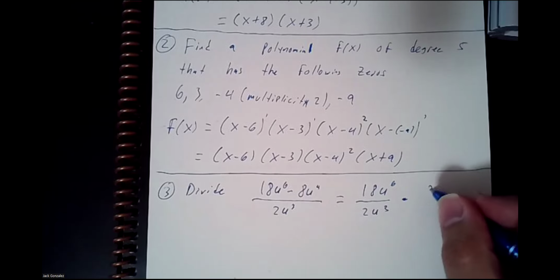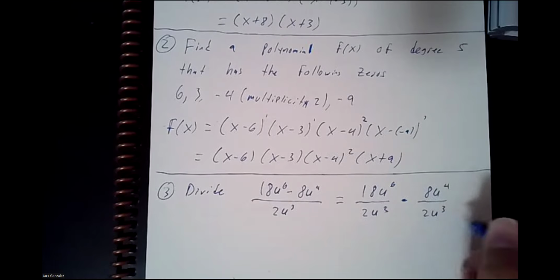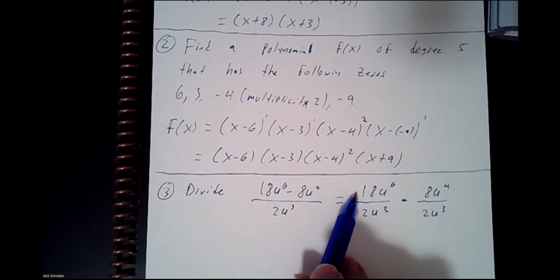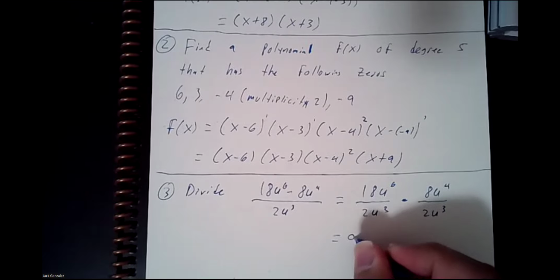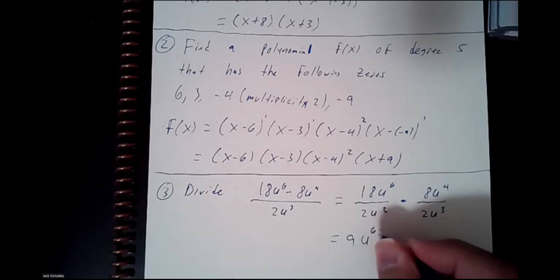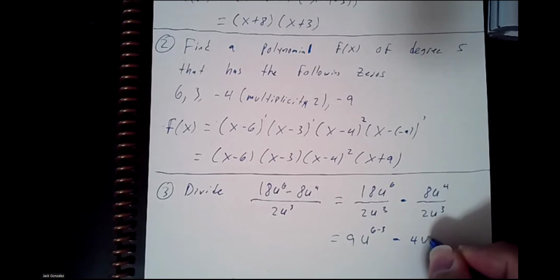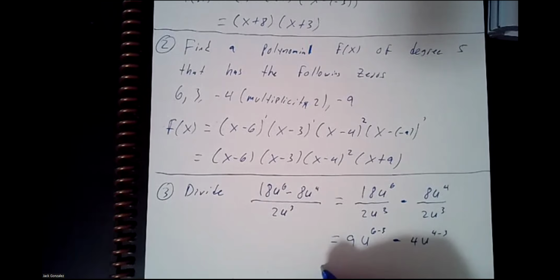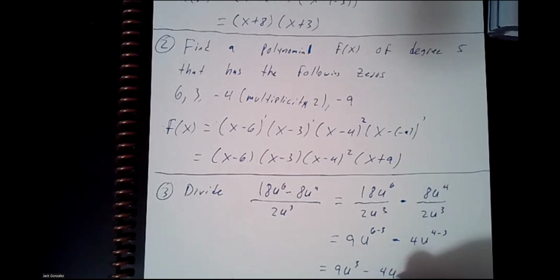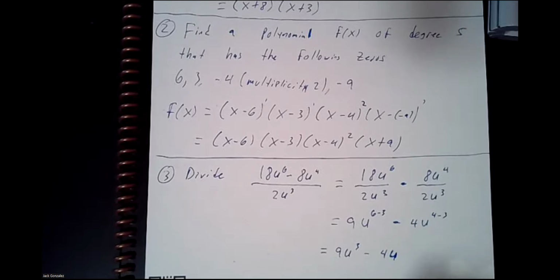So you can separate the fraction like this and just divide them. 18 divided by 2 is 9. u to the 6 divided by u to the 3, remember that means you subtract the powers, 6 minus 3. 8 divided by 2 is 4, and the powers are subtracted, 4 minus 3. So you get 9u cubed minus 4u. That's some basic division. That's a u, not a 6. All right, let's go on to something harder.